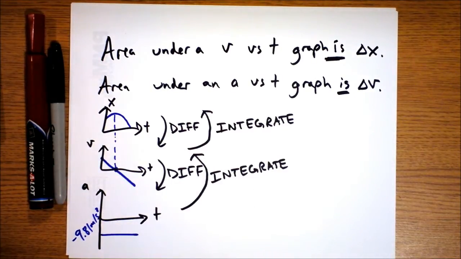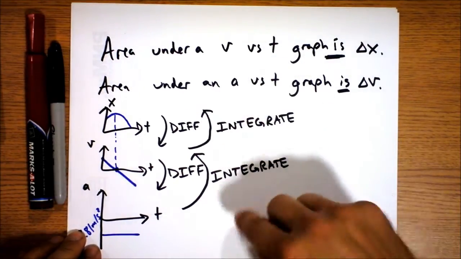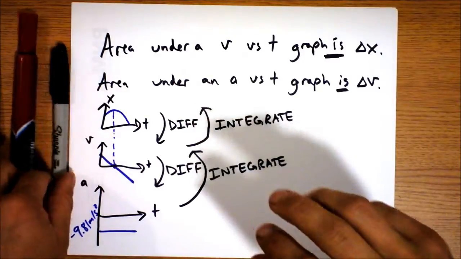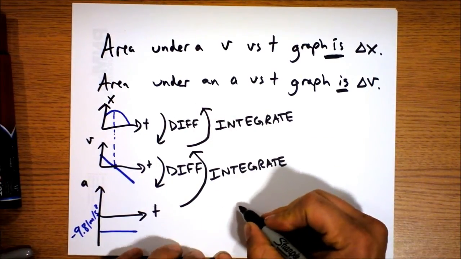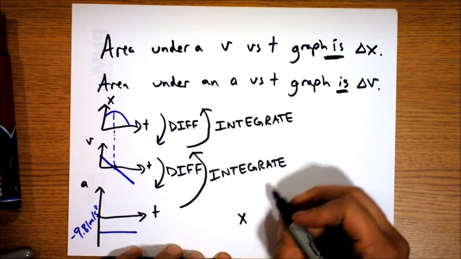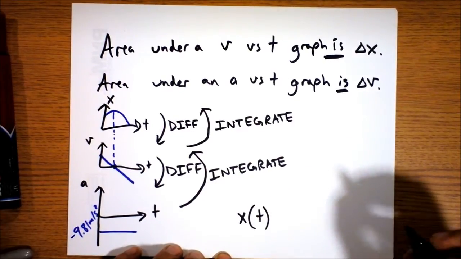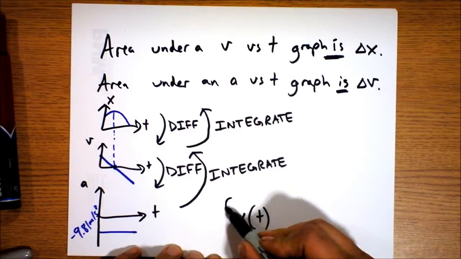All right. Now, there's one more thing that I want to do about differentiation and integration, to put it all together. I want to make the following statement. If you've got some function, let's say that position maybe depends on time, and if you integrate this, here's the way that we do integration.